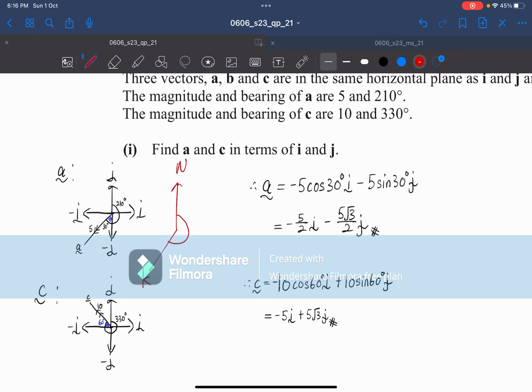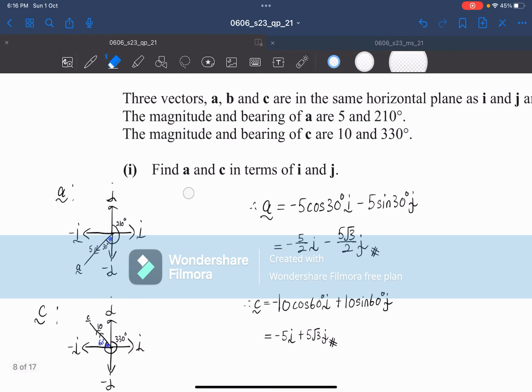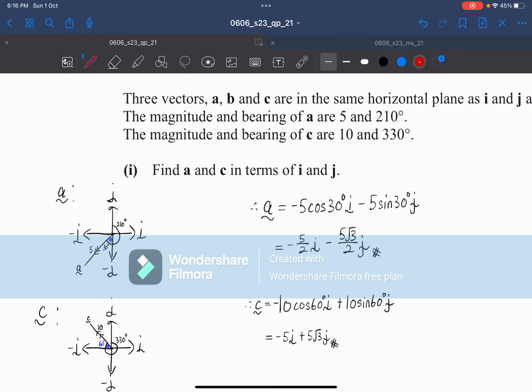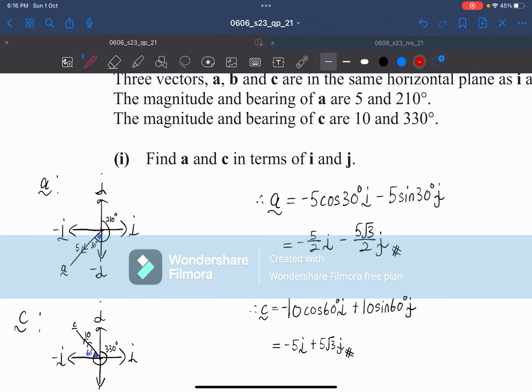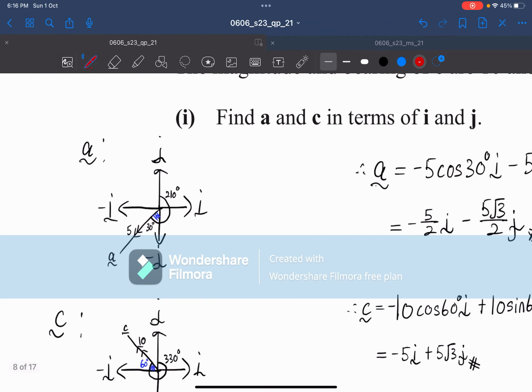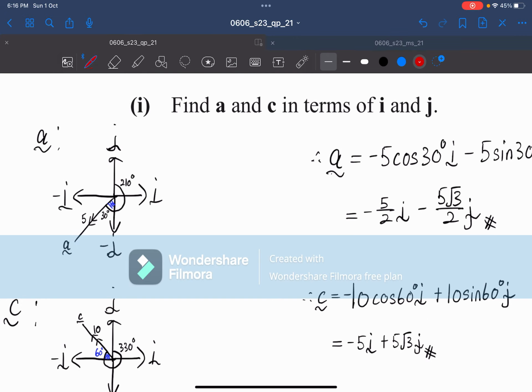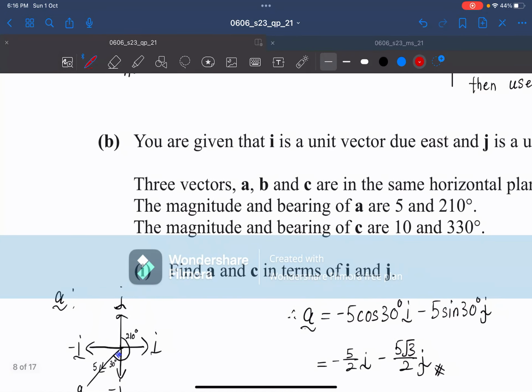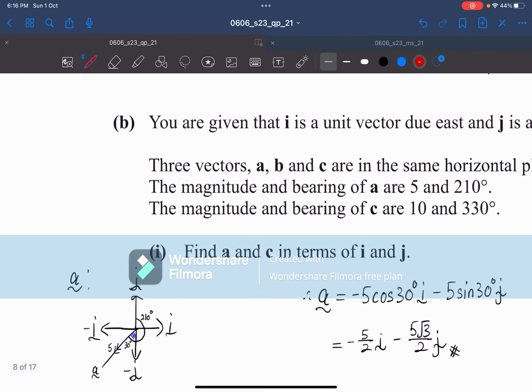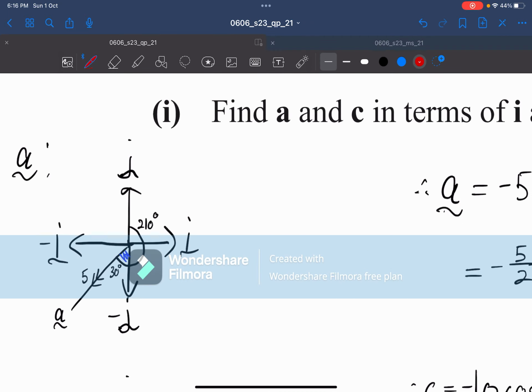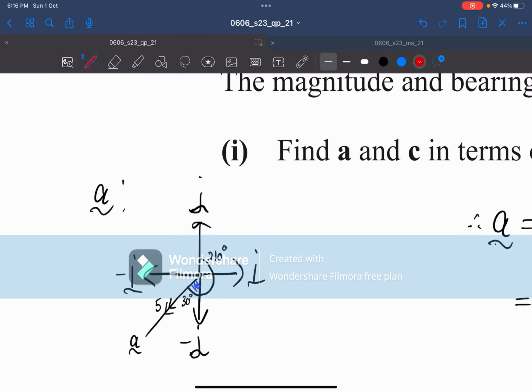This is north, so this will be the angle or the bearing of K. So bearing is always measured from north, and so yeah, this is how I drew it. And okay, so let me go through this real quick. So we know that the vector A has this diagram right here, right? i is due east, j is due north, and we know that the bearing is 210 degrees.